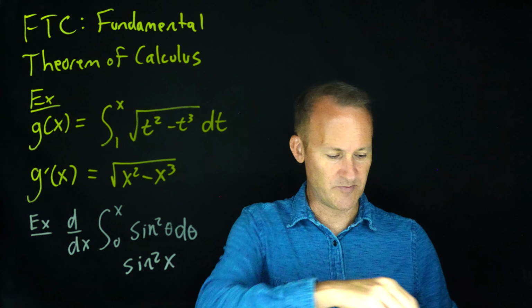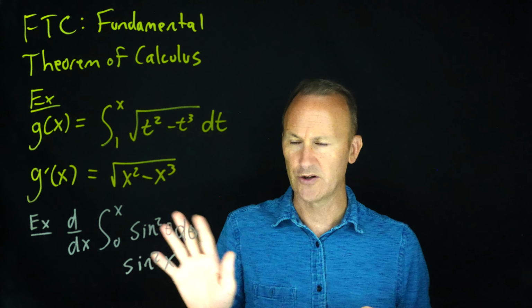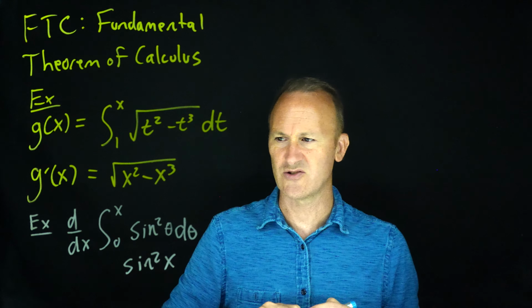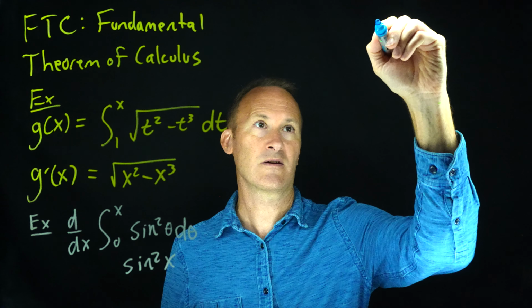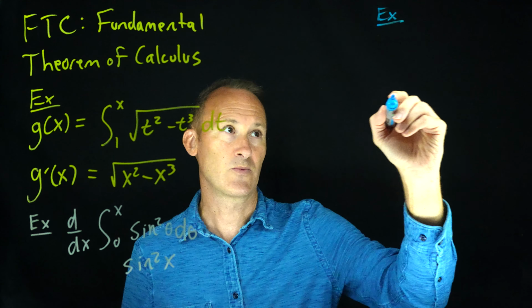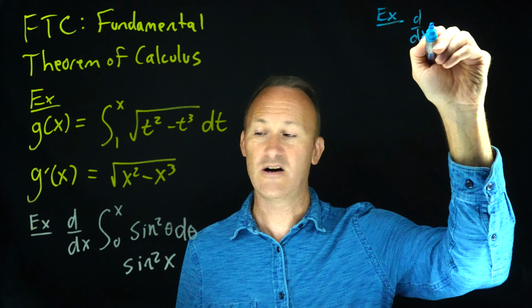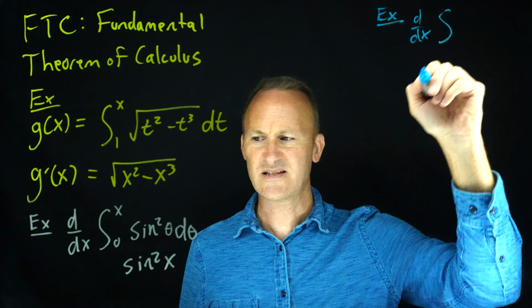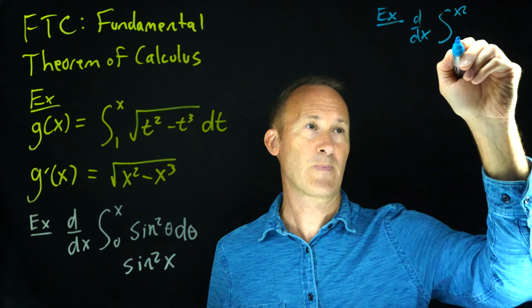Now, what is the piece where you do have to actually do a little more? I mentioned, what if this isn't just an x? What if it's the following? We want d dx of the integral, instead of just x, let's say it's x squared now.